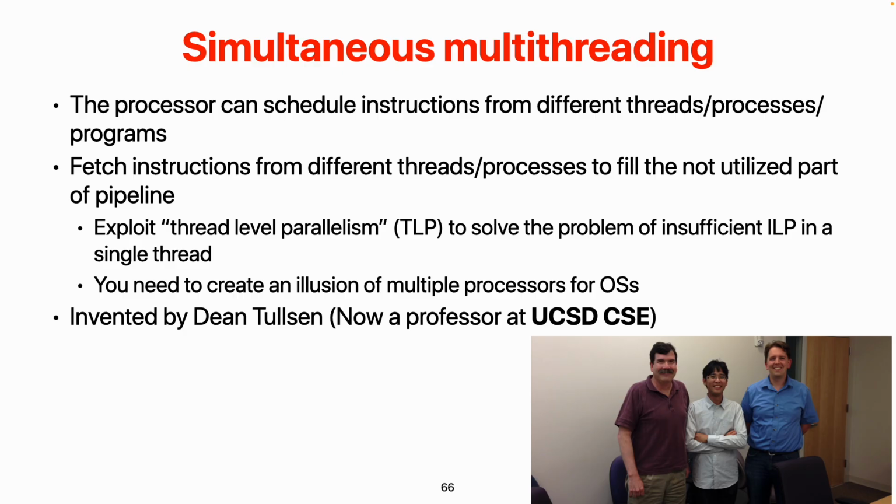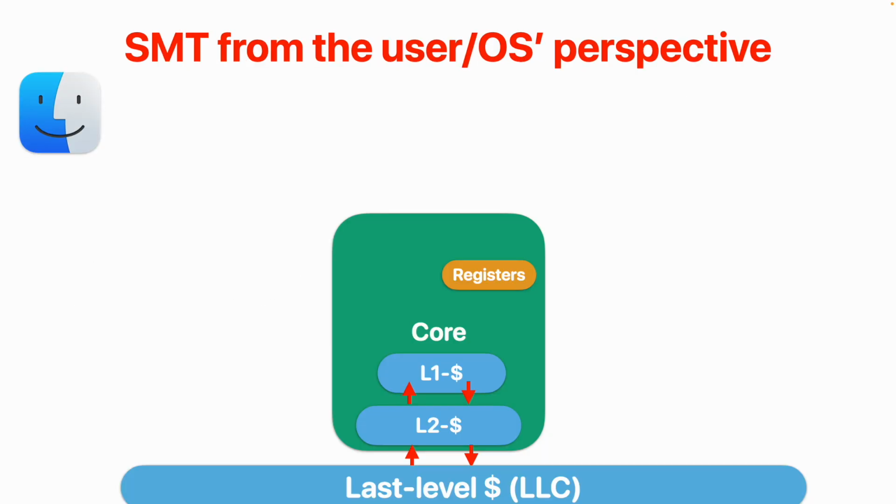No, I'm just kidding. But the thing is that with this idea of simultaneous multi-threading, they exploit thread level parallelism on top of the instruction level parallelism that we have in a superscalar processor. So here's the concept, right? This is the original processor you have. You have one set of registers, you have L1, L2 cache, and the last level cache.